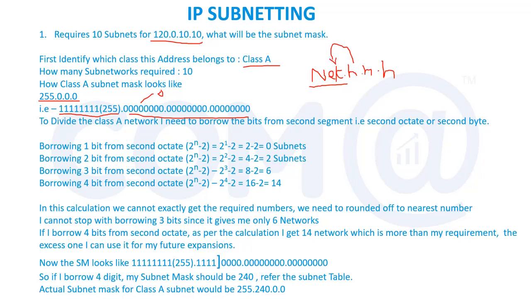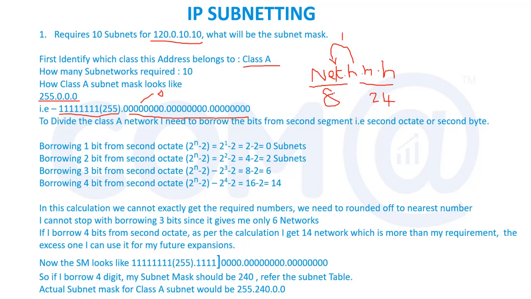Here we can see 8 bits are given for the network ID and 24 bits are given for the host ID. That is class A. I'm just refreshing your IP addressing knowledge. For the network portion it is 8 bits, and the host portion is 24 bits. Since you are borrowing bits from here, whatever the number of bits, it will get added to the network.